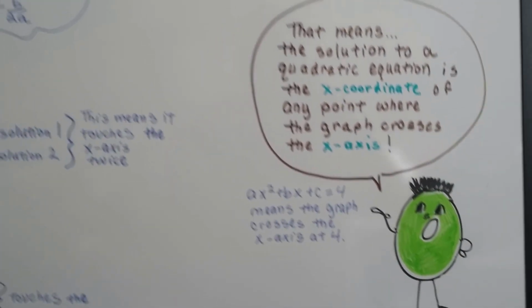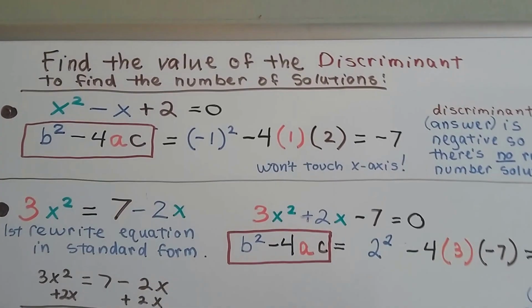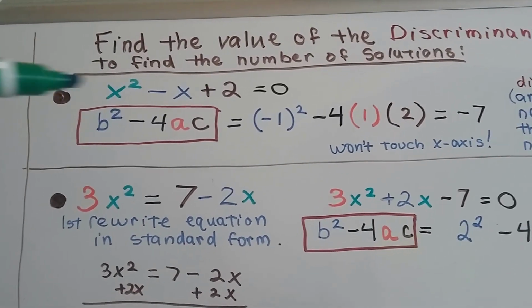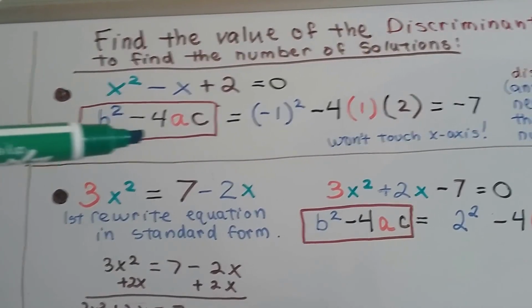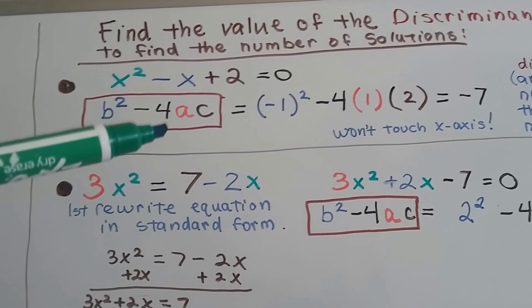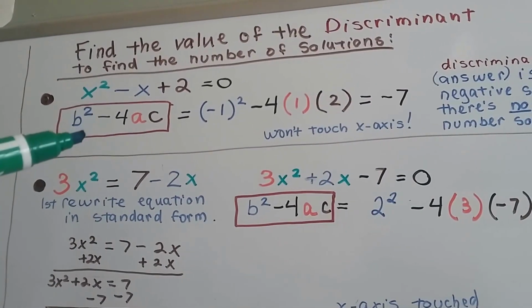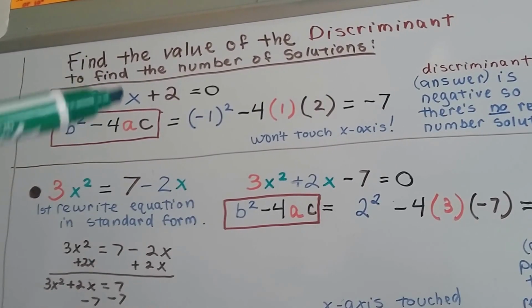See? All right. So to find the value of the discriminant, to find the number of solutions, we take our equation right here, and here's our discriminant, b squared minus 4ac. We plug the numbers into this formula, and there's a 1 here, isn't there, for this negative x?